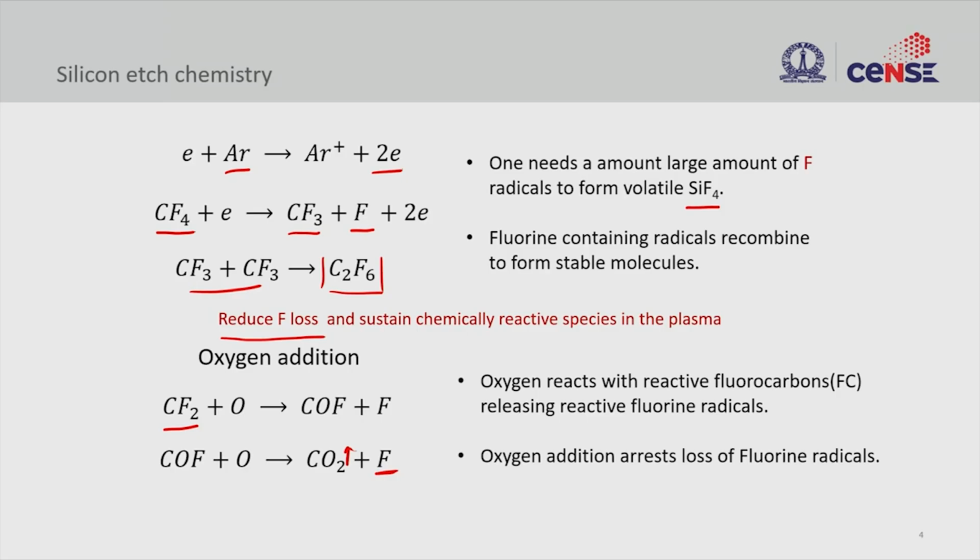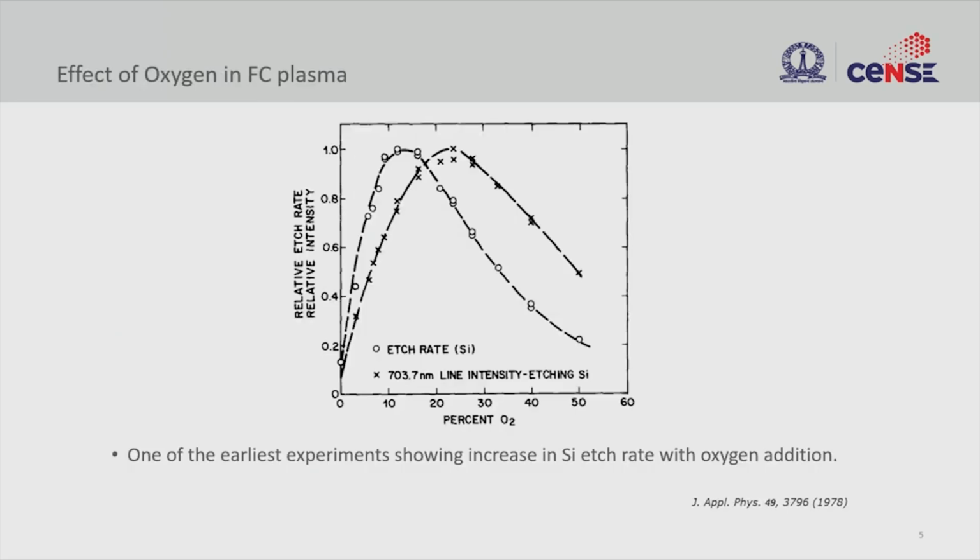So addition of oxygen to CF4 helps you increase your fluorine radicals, and this also helps you achieve higher etch rates. When you don't add oxygen, your etch rate is going to be low. This was done a long time ago, to understand how oxygen percentage affects the etch rate of silicon.